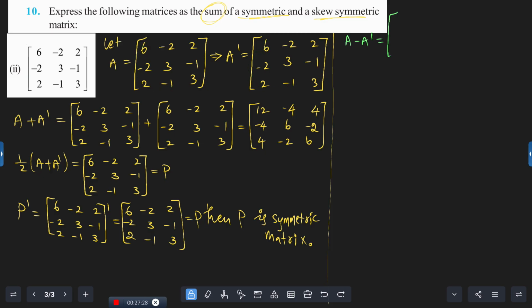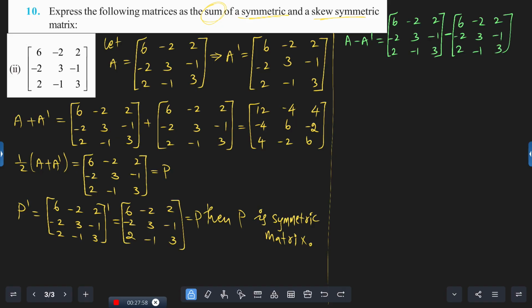So 6, minus 2, plus 2, minus 2, 3, minus 1, 2, minus 1, 3, minus the same matrix: 6, minus 2, plus 2, minus 2, 3, minus 1, 2, minus 1, 3. That's it. So we have to subtract.